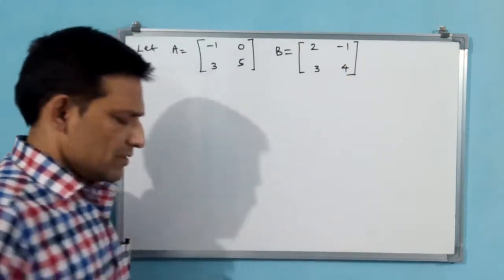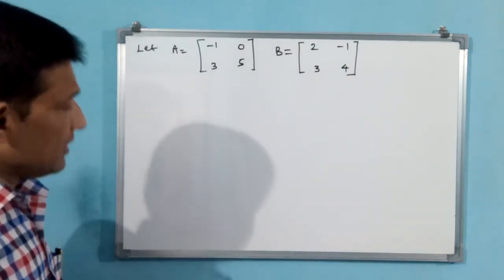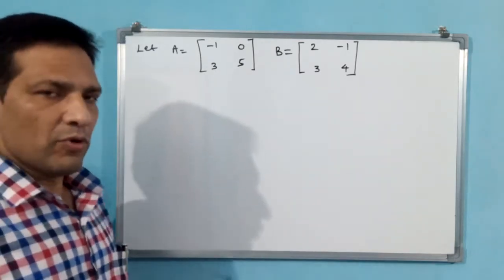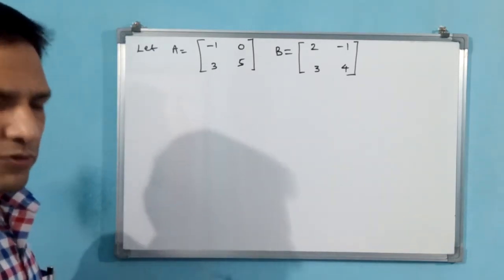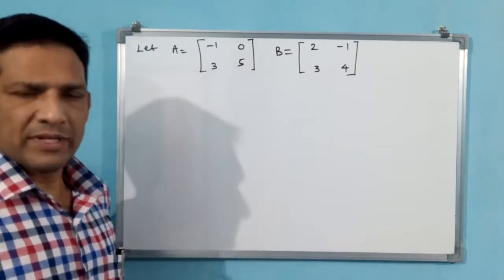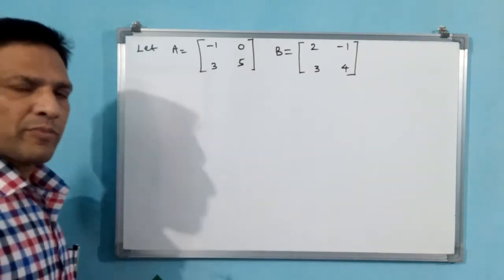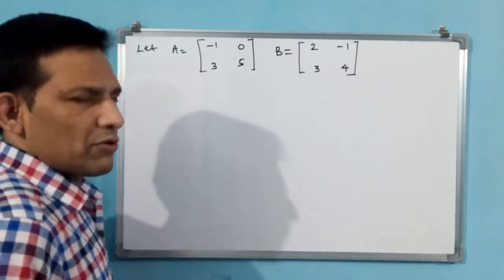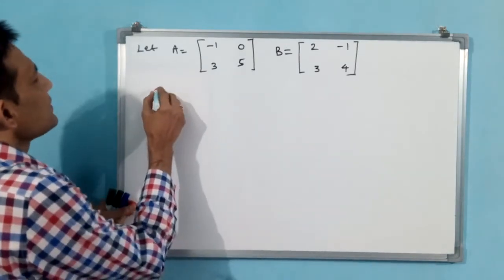These are two matrices. Let us do AB and BA both, and we will compare whether AB is equal to BA or not. If it is addition, A plus B is equal to B plus A, we know very well. That is commutative, and the properties also we have derived and studied.